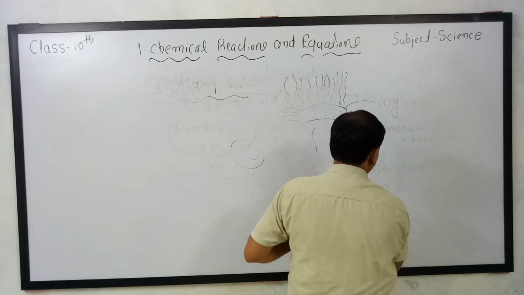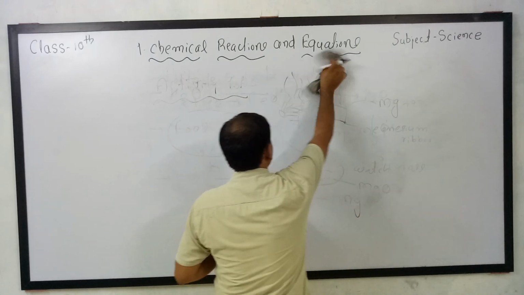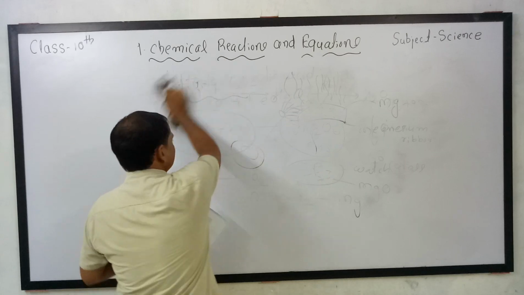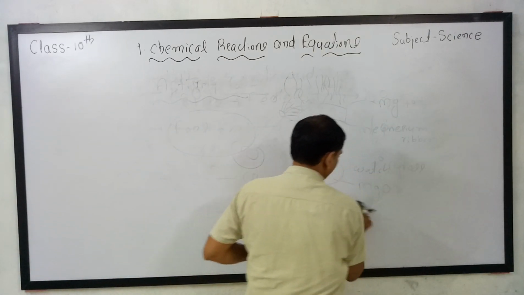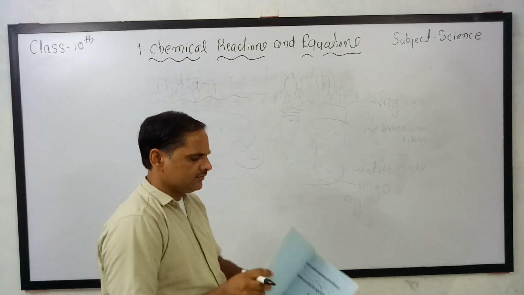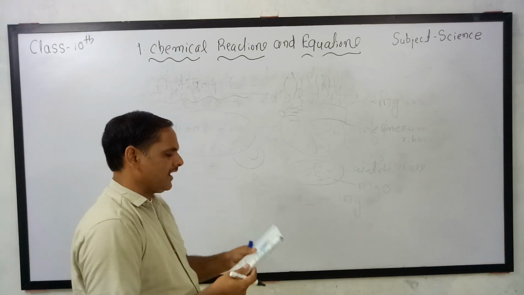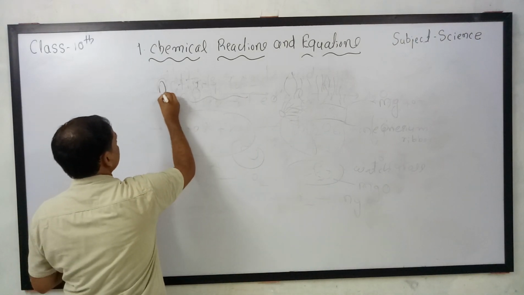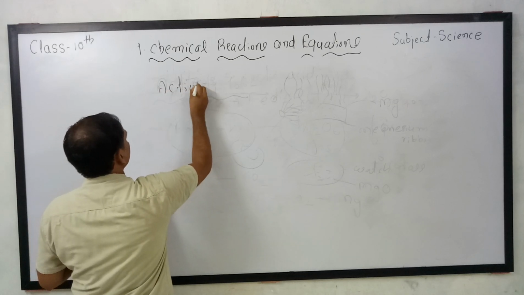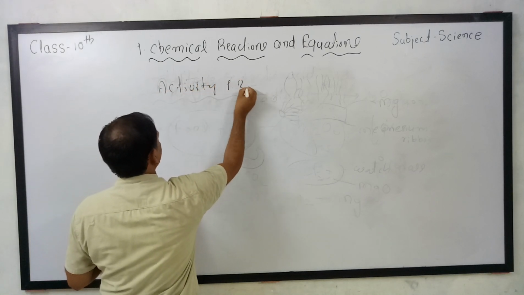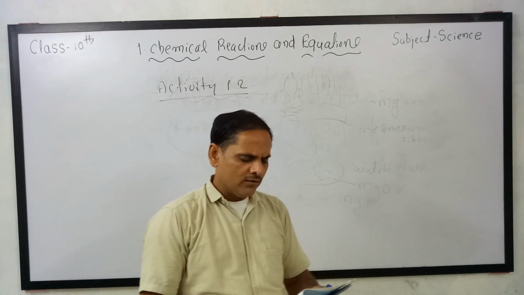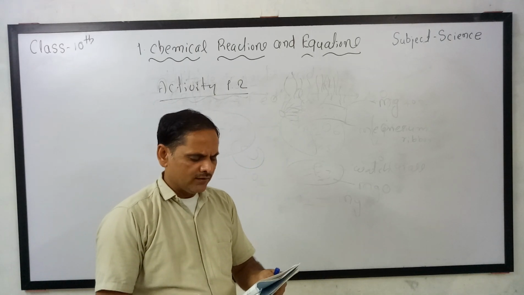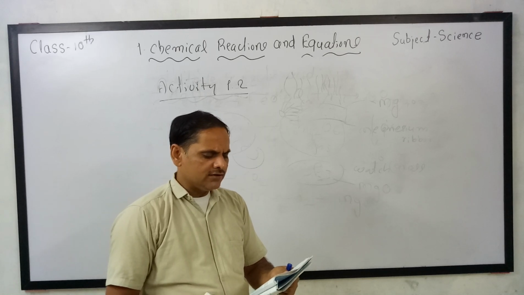Okay, we discuss the next activity. This activity is again an example of chemical change. Next we discuss activity 1.2. Take a lead nitrate solution.